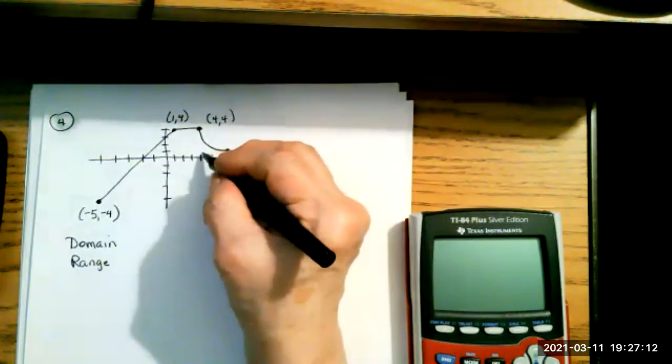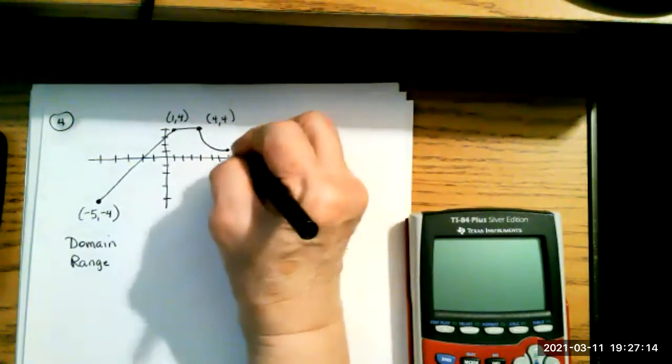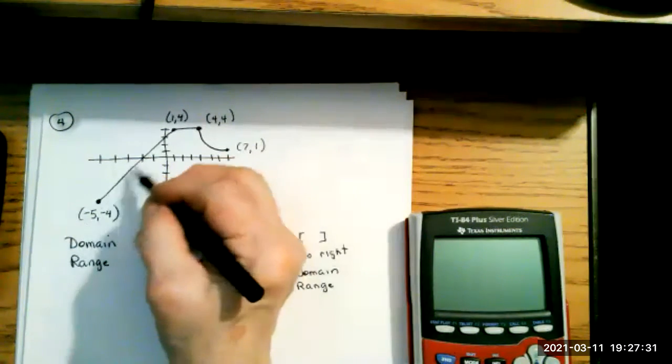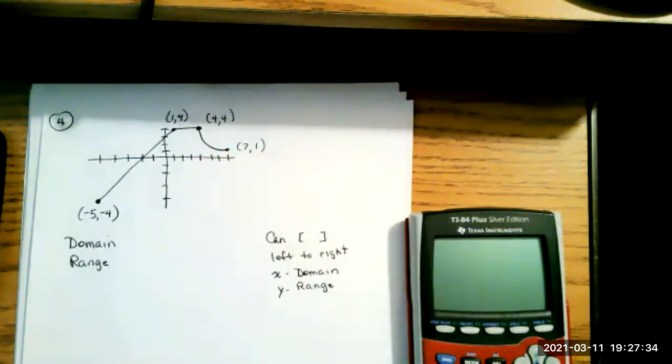And 7, 1. Okay. Let's see, domain and range. So we're looking for the lowest, and it's continuous. We don't have a break in it, so we're good. We just need to find the lowest X and the highest X.